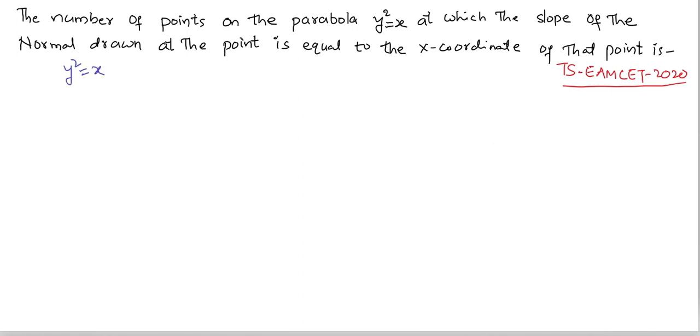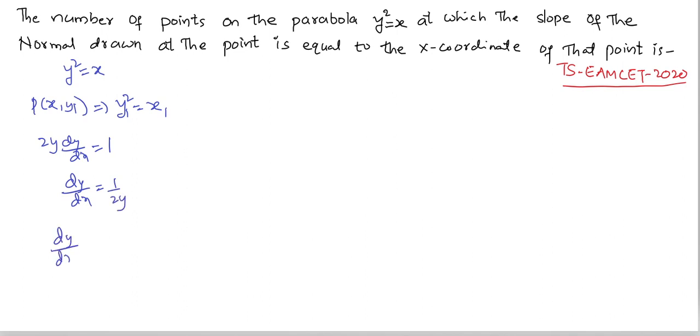We take any one of the points, let P(x1, y1) be any point on the parabola, that is the point lies on the parabola, that is y1 square is equal to x1. So now take differentiation, that is 2y into dy by dx is equal to 1. dy by dx is equal to 1 by 2y. This dy by dx at the point P(x1, y1) is equal to 1 by 2 y1.